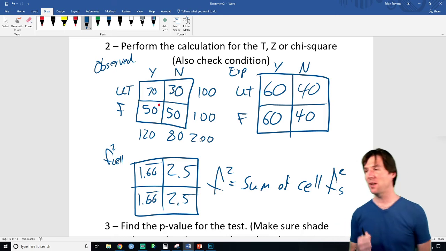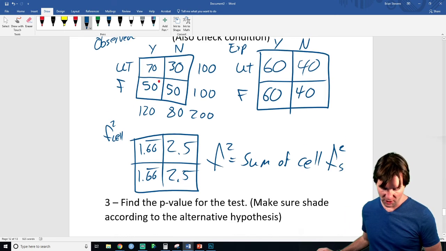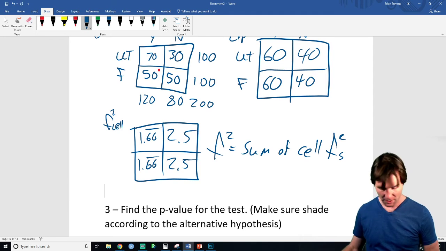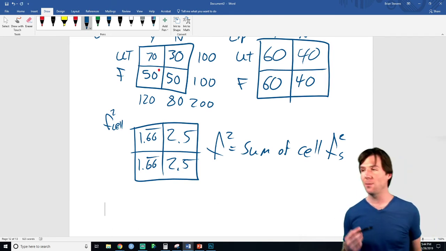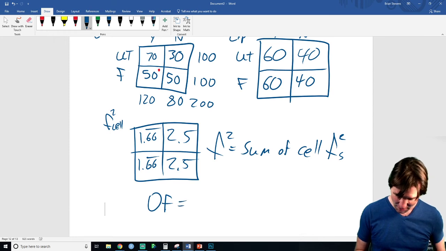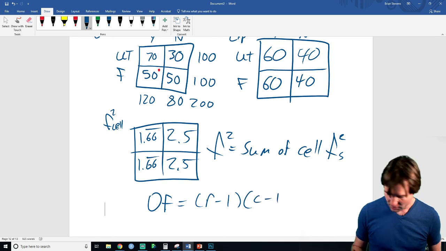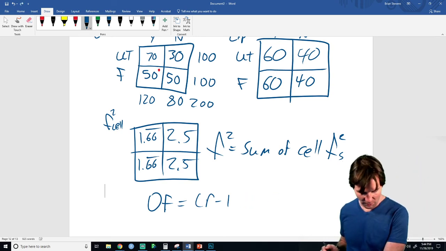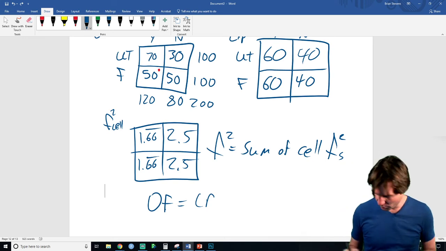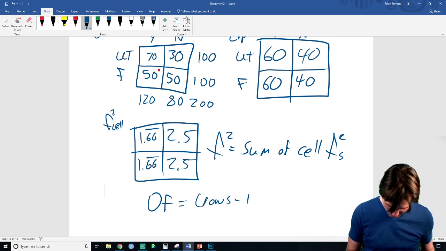To find the p-value, we have to plot this. The degrees of freedom for this, and it's such a fun thing to do, are rows minus 1 times columns minus 1. So let's write here df, and that's not OF, that's df, equals rows minus 1 times columns minus 1.